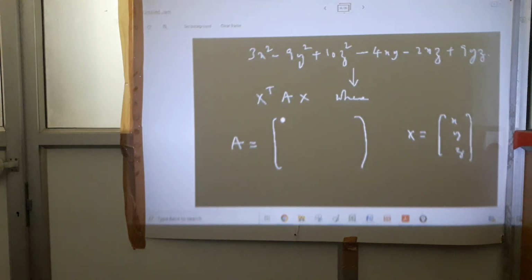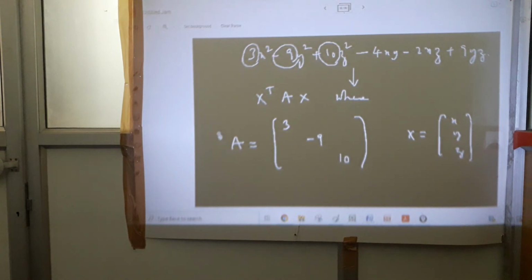This particular symmetric matrix should be written like this. This 3, minus 9 and 10 are the coefficients of squared terms. Squared terms will have the position of diagonal elements. So this 3, minus 9, this 10. Why it is so, I'll tell you.